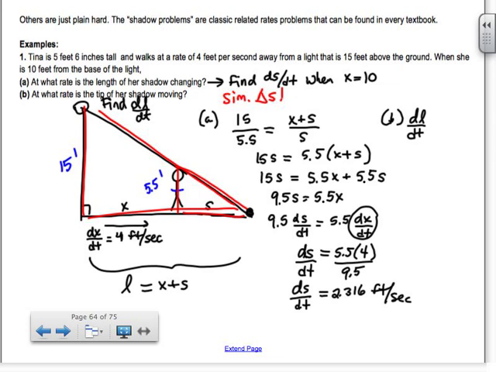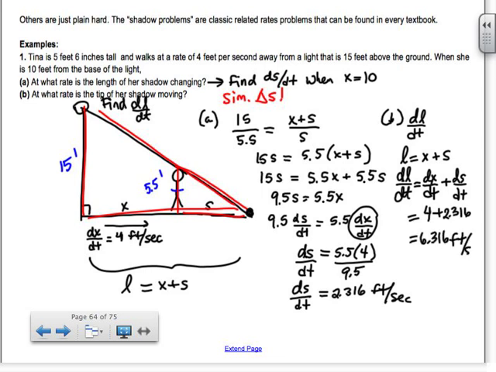Okay, so dL over dt, well, L was just x plus s. So dL over dt ends up being dx over dt plus ds over dt. So it's the rate of change of her walking, 4, plus the answer you just found. So it ends up being 6.316 feet per second.